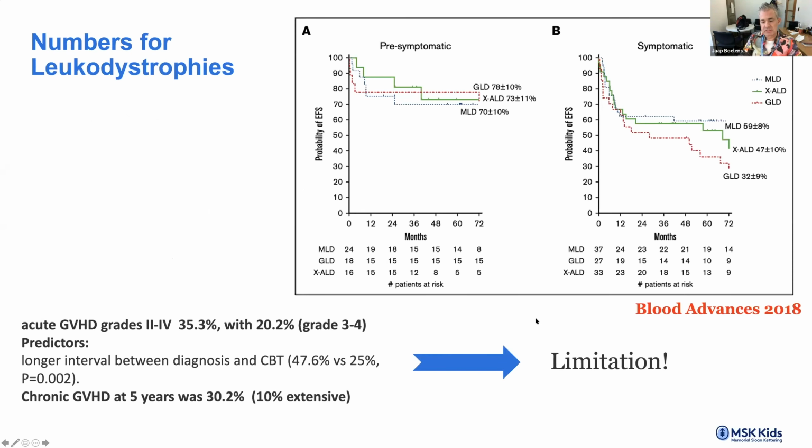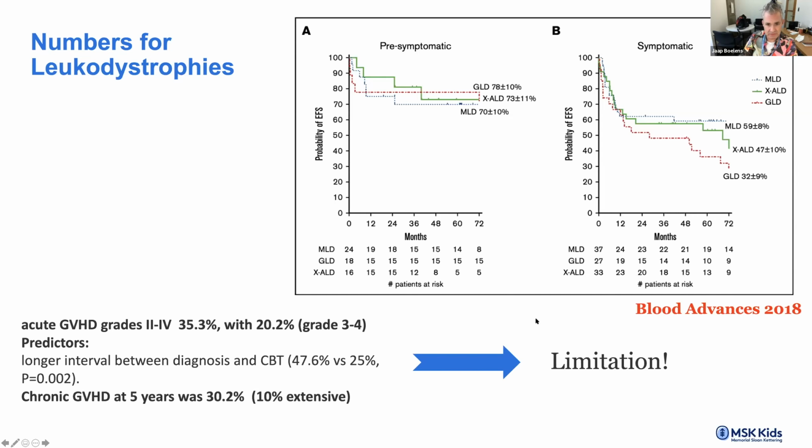First, some numbers. I'm showing you one manuscript, but the incidence of graft versus host in the various publications is about the same. This is a manuscript from a couple of years ago. This is not only ALD, but also GLD and MLD. And we all know that if you go into transplants pre-symptomatic, you're doing better.